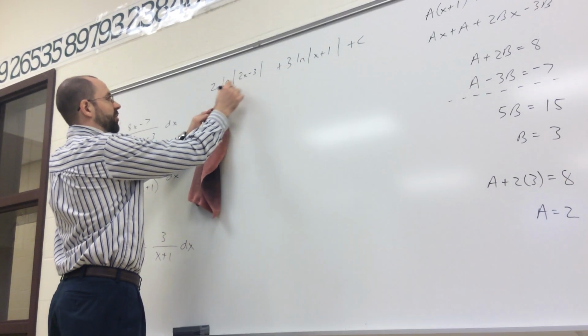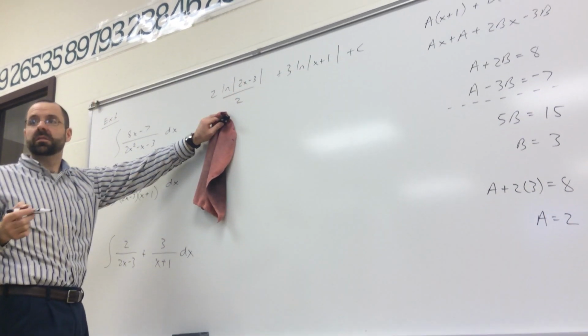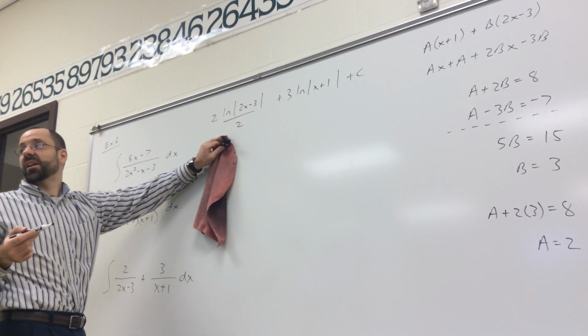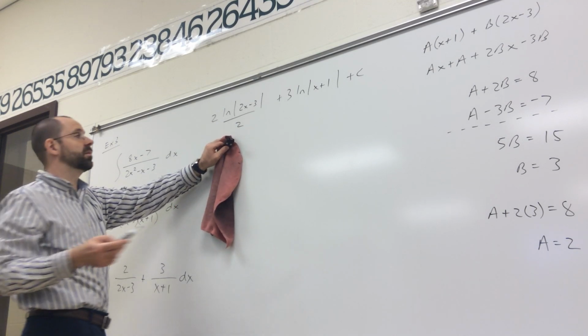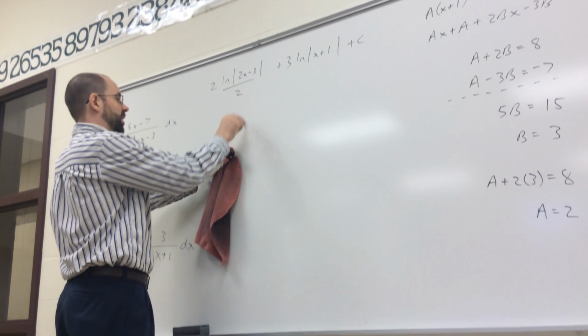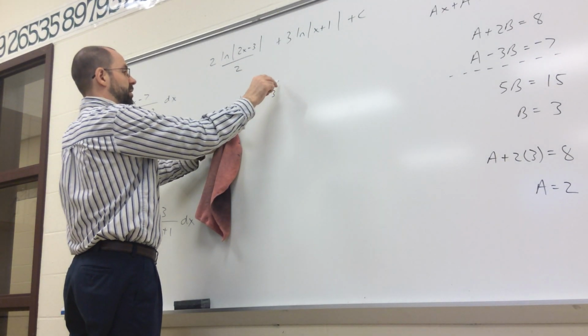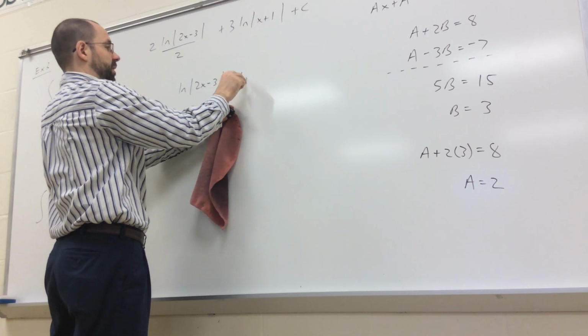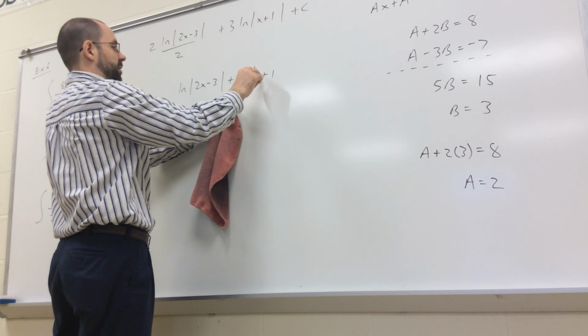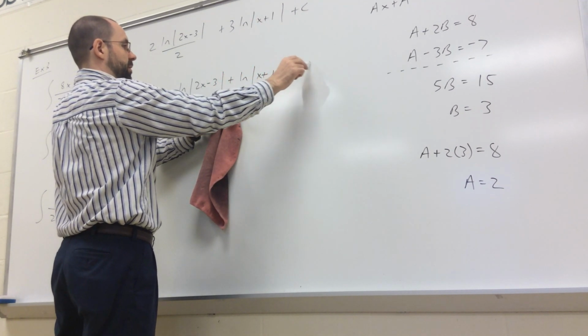Or multiply by half, whatever you want. And then that's kind of convenient because that 2 will cancel out with that 2. So we have ln of the absolute value of 2x minus 3 plus, I guess I'll make this an exponent, ln of absolute value of x plus 1 cubed.